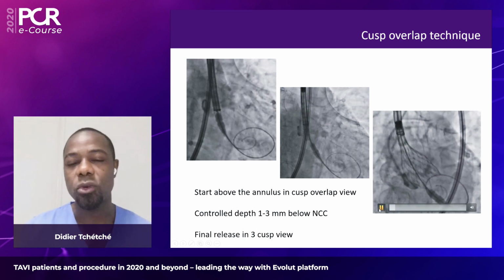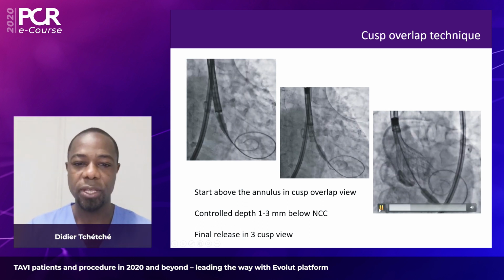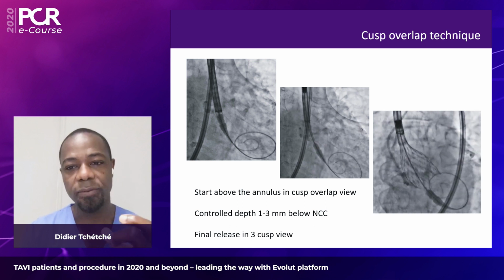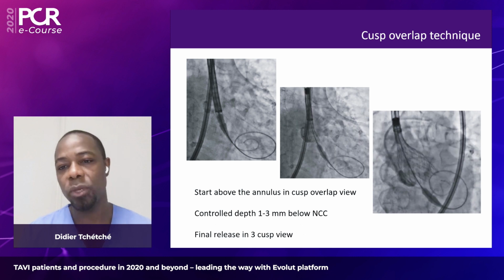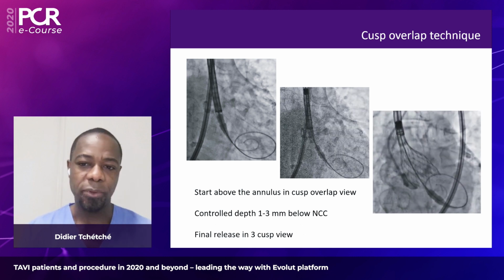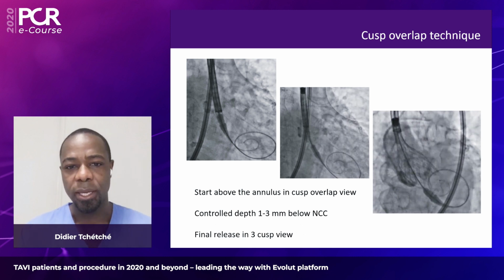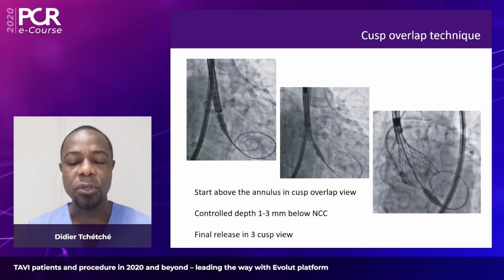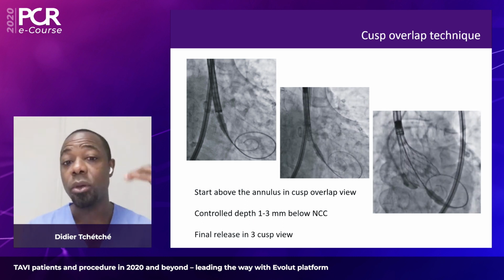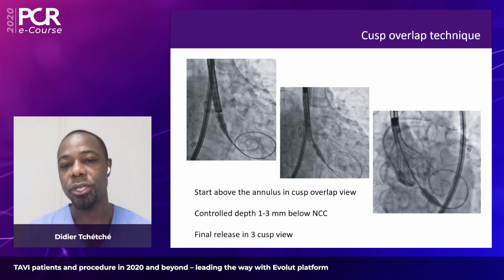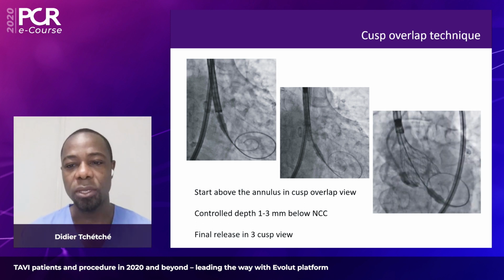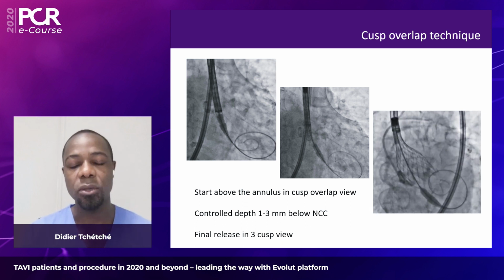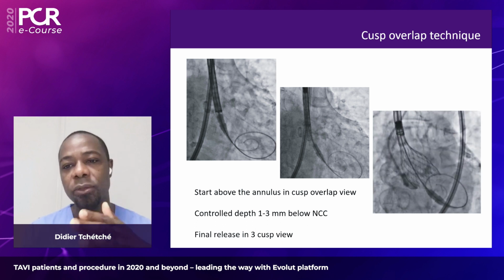Here is a step-by-step description of the cusp overlap technique. It's a modified deployment sequence compared to what we used to do before that technique came to us. The first thing you're going to do is start to deploy above the annulus in the RAO caudal projection. This way, you make sure that you control the extrusion of the inflow portion of the stent frame, and you really tailor the final depth.